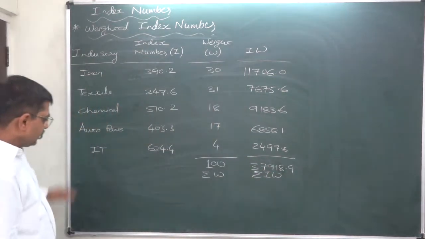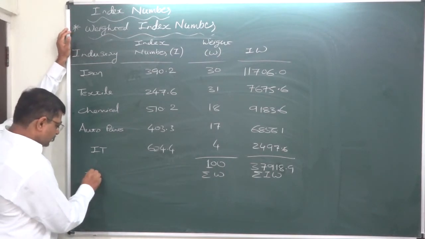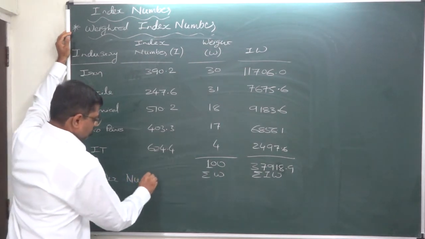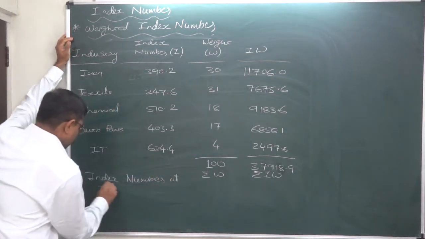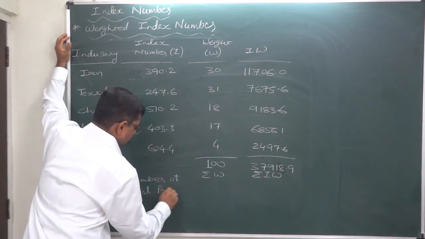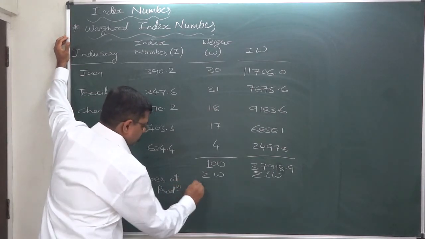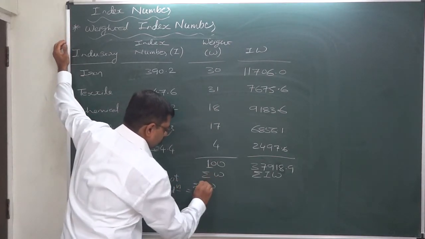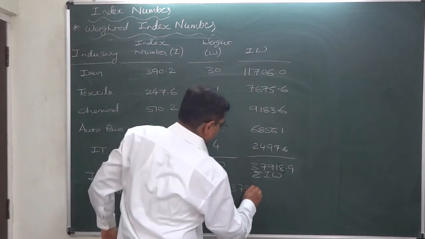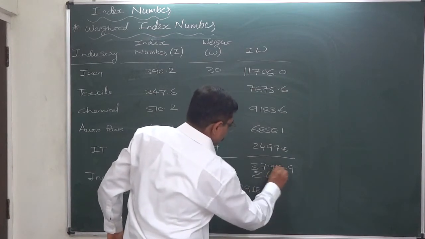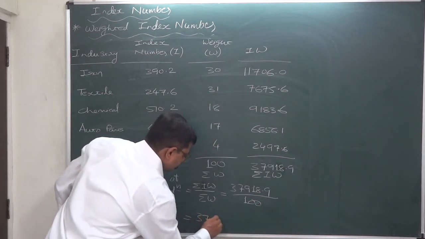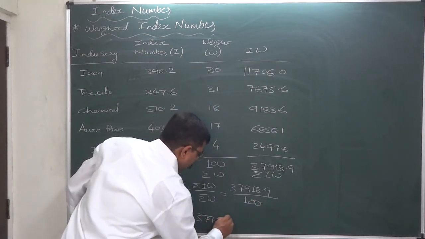So now we can have the general index number of industrial production or output: sigma IW upon sigma W, that is 37,918.9 divided by 100, so it comes to 379.189, or you can take 379.19.